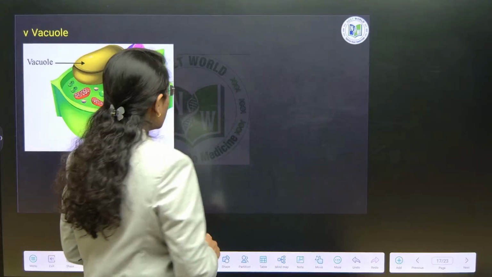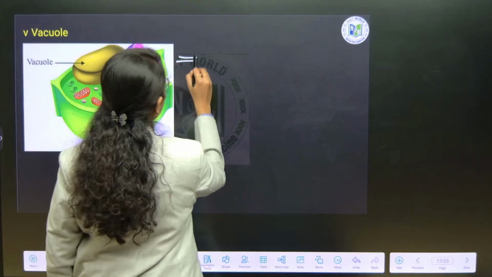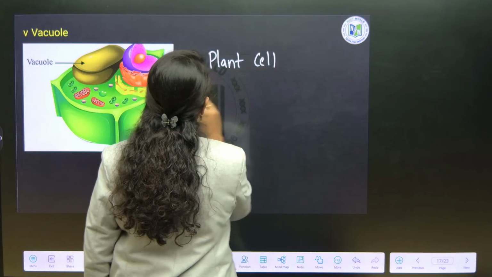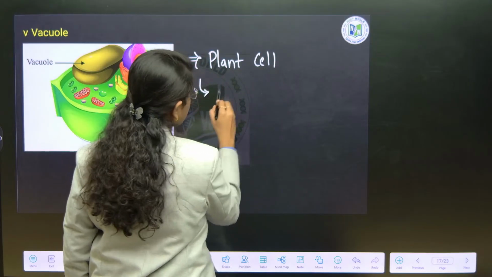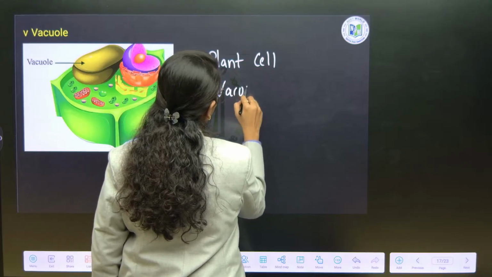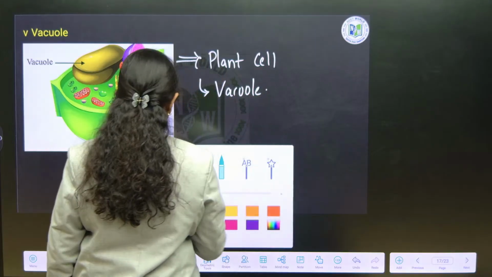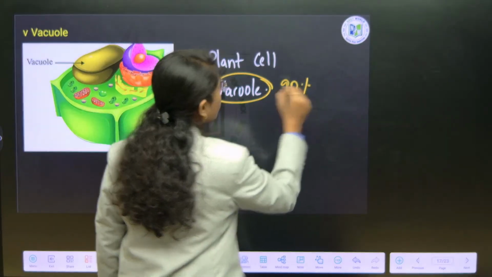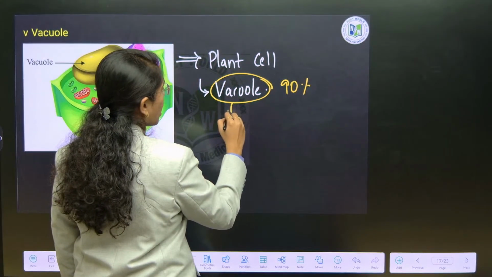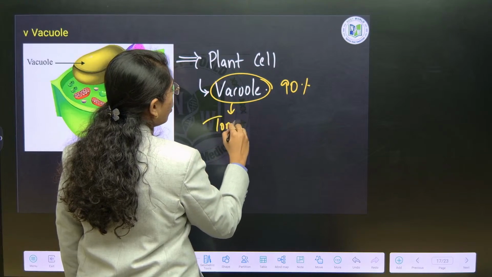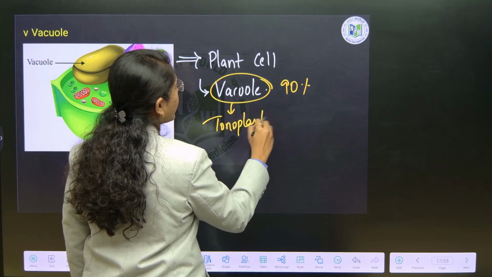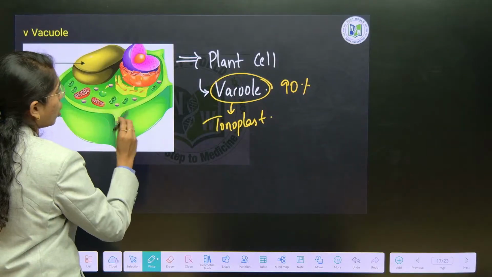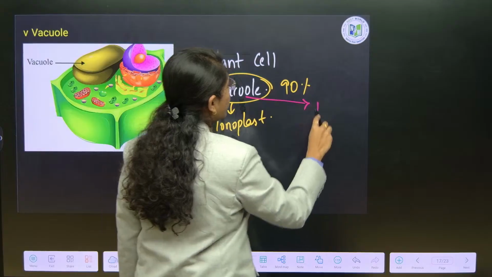As we have discussed, in a plant cell, the vacuole occupies 90% of the plant cell volume. Fine, right? And the vacuole is surrounded by a membrane called what? Tonoplast.